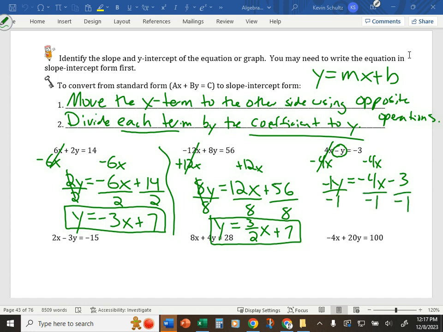And really all that does is it just changes the operations of all the terms on the right side. Negative 4x divided by negative 1 is positive 4x. Negative 3 divided by negative 1 is positive 3. And that would be your final answer.